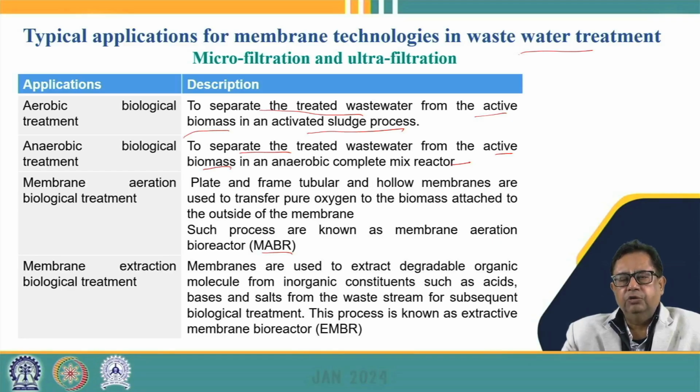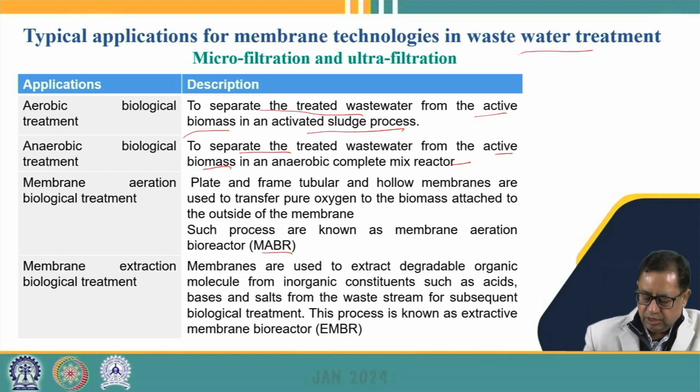For example, we can use such a process to treat the nitrogen present in the water by using the aerobic process on the surface of the membranes, whereas on the outer side we can have the anoxic processes taking place. So nitrification and denitrification can take place simultaneously in a reactor, and we can get rid of the nitrogen in such types of systems.